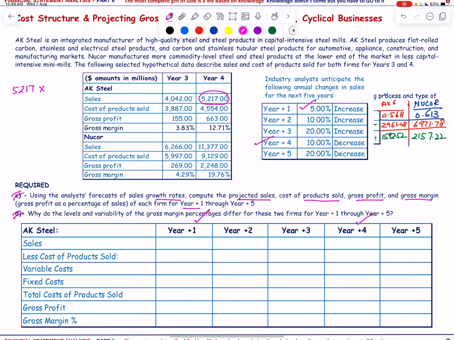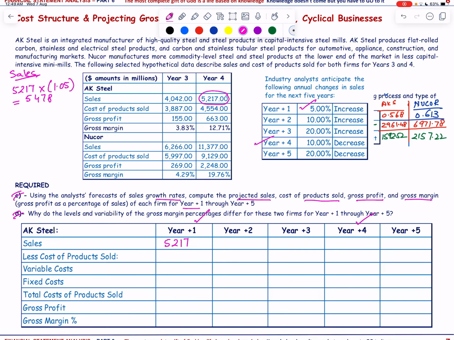So 5217 times 1.05, increases by 5%, and this will be equal to 5478. So the sales for year plus 1 will be 5478.